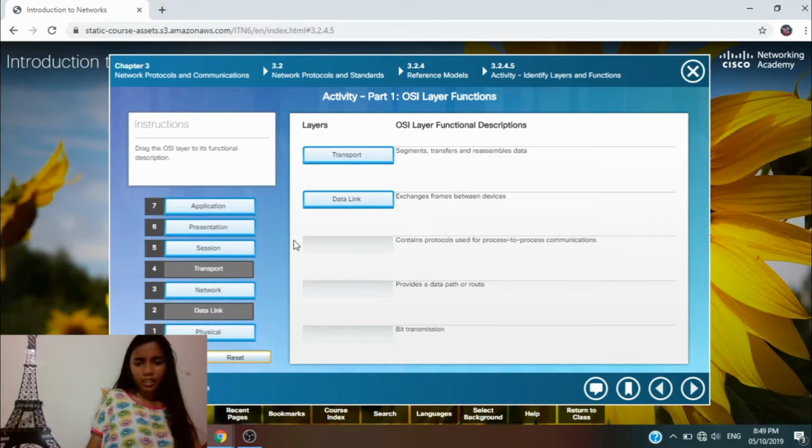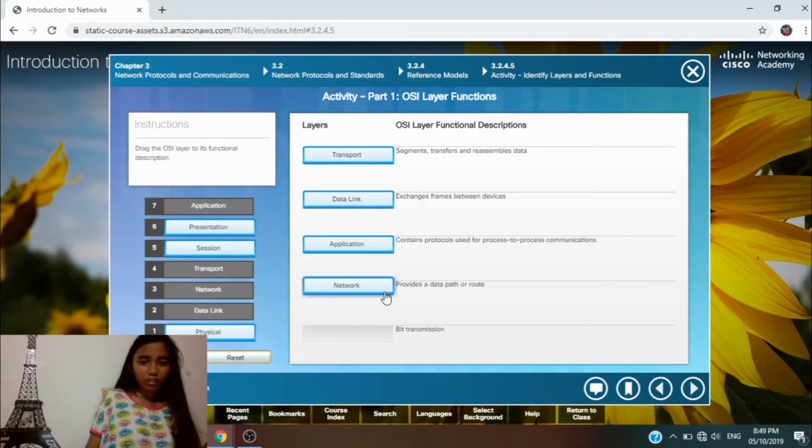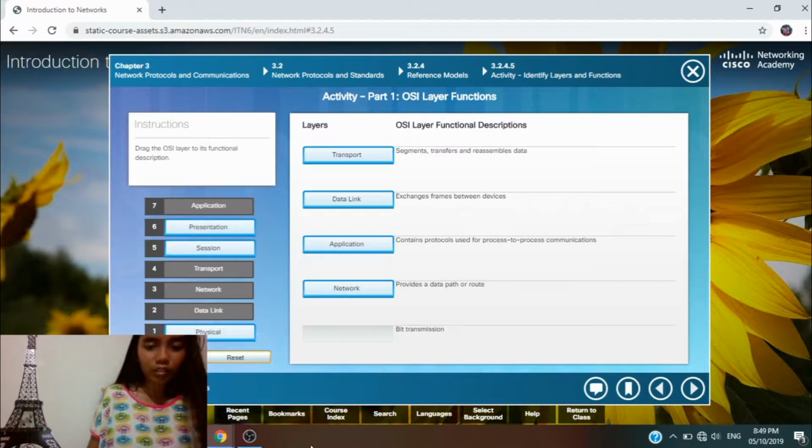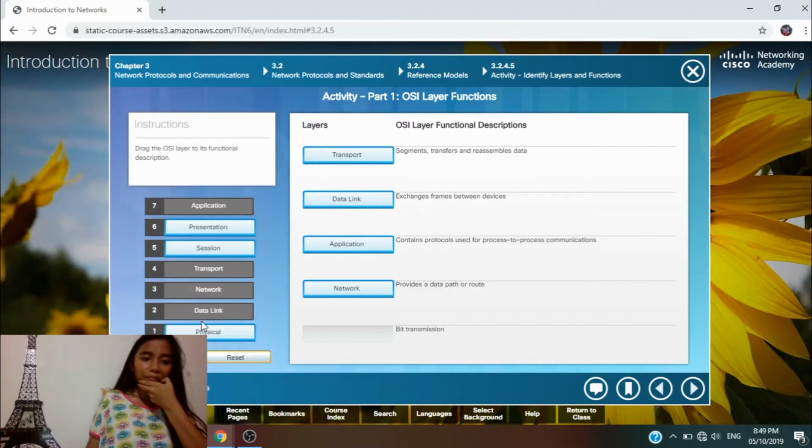So next is it is used for process to process, so that will be application because it is used for process to process communications. And next is the data that we use is the network. And next is the bit transmission, which will be the physical.